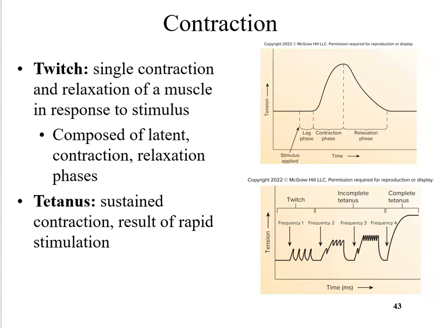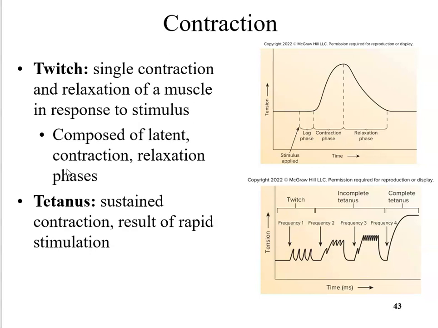A twitch has separate latent, contraction, and relaxation phases where the muscle contracts, stimulated, then it fully relaxes before another contraction occurs. Now, this is only a couple milliseconds, and it does not produce a contraction long enough to accomplish any meaningful work.